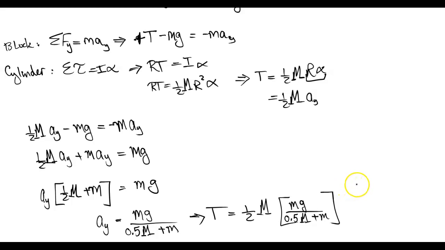I don't see this simplifying much more, so we can just leave it. We can maybe divide the m out and say this is 1/2 times m g over 0.5 plus little m over big M. I don't know if that's simpler or not than this, but we have found the tension and the acceleration.